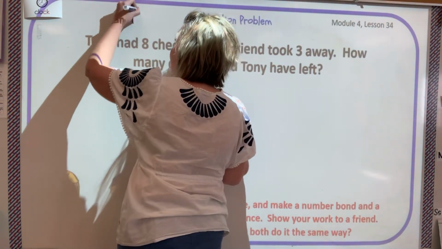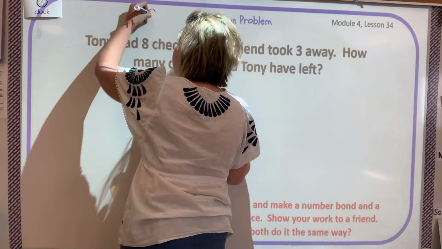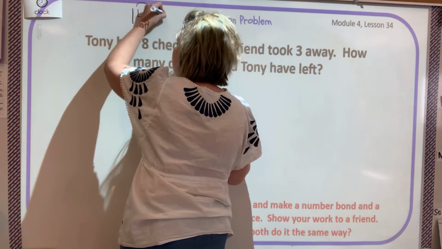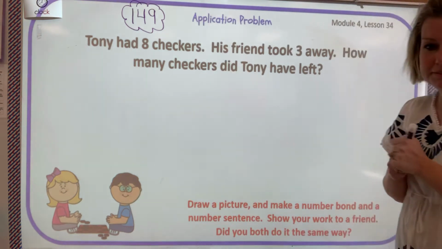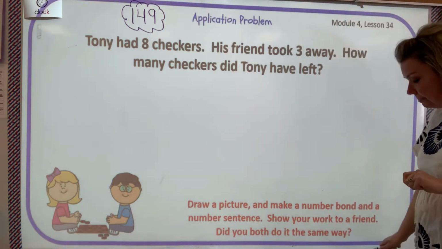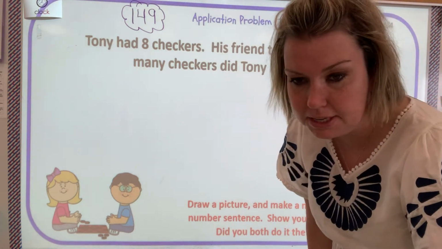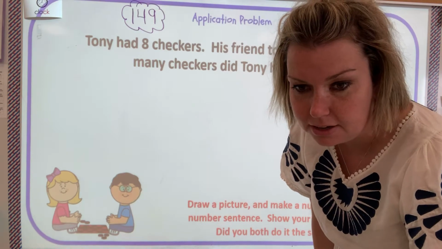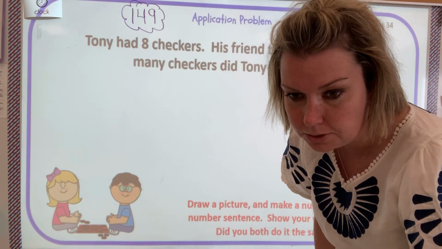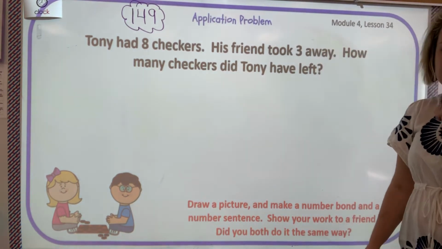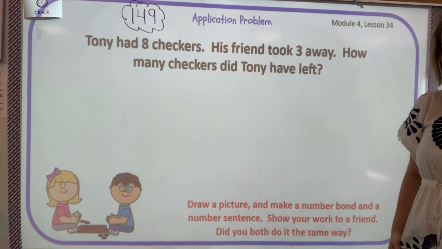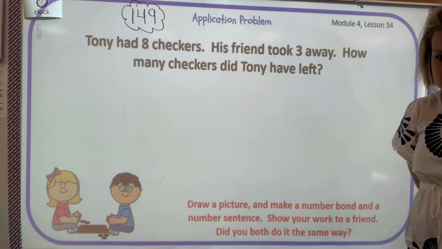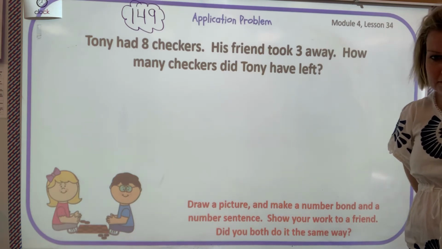It's towards the back. 149. When you are on that page and ready, give me a double thumbs up so that I know we're ready to move on. Good job.